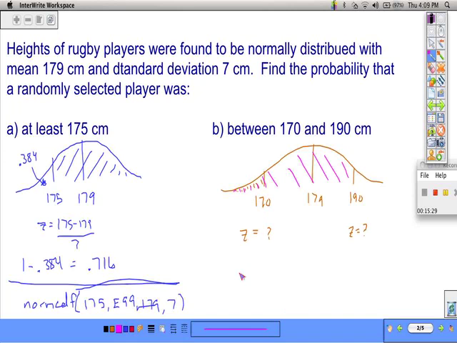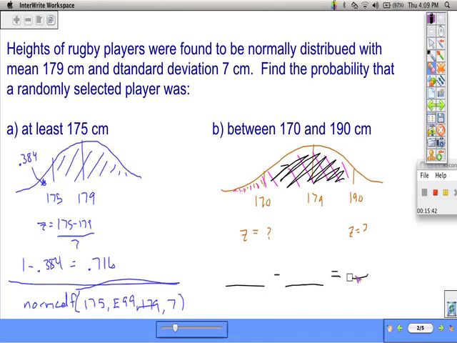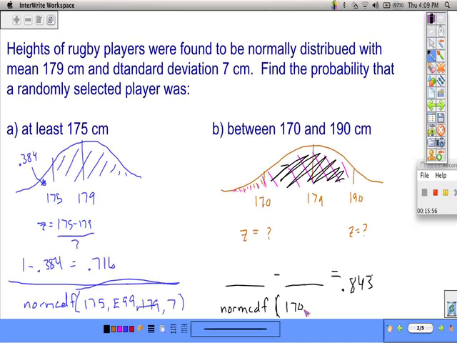To find the area in between these, we're going to have to take the big area minus the small area, and what you should end up with is 0.843. Or in the calculator, we can just punch in our data values with the mean and standard deviation. And that will give us 0.843 also.